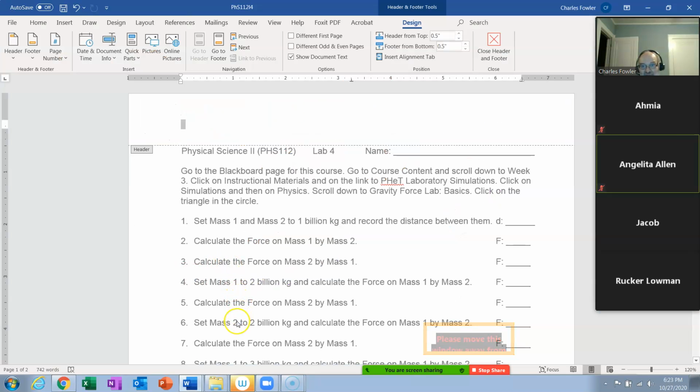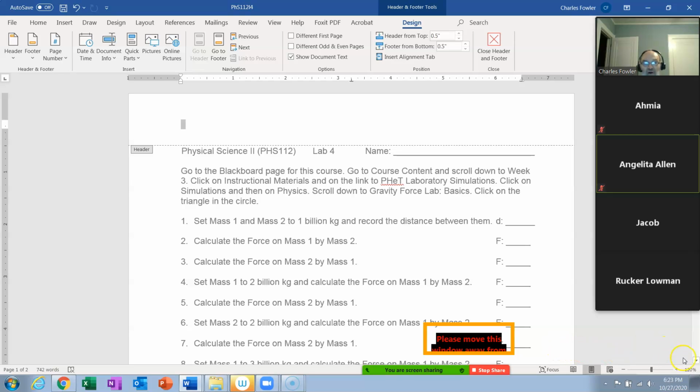Let's see what it says next. Now it says that was number 6, right? Now calculate the force of mass 2 by mass 1 when they're both 2 billion kilograms. Guess what that is? Same answer. Okay, so whatever you had for 6, you have the same for 7.